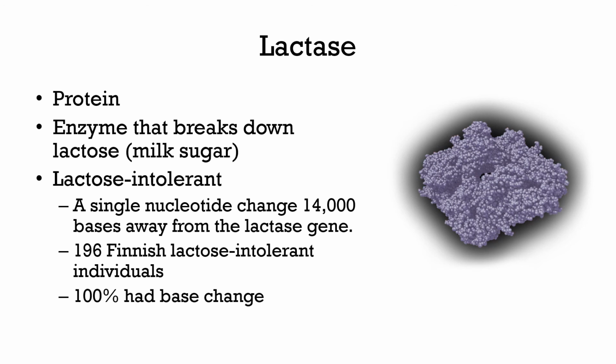So something about that specific base prevents these individuals from making lactase. They can't make it, and then they can't digest lactose. If you are lactose intolerant and you eat dairy, you usually are going to have pretty bad digestive issues. Some of it's not too bad, but if you're really lactose intolerant, you can be in extreme pain.